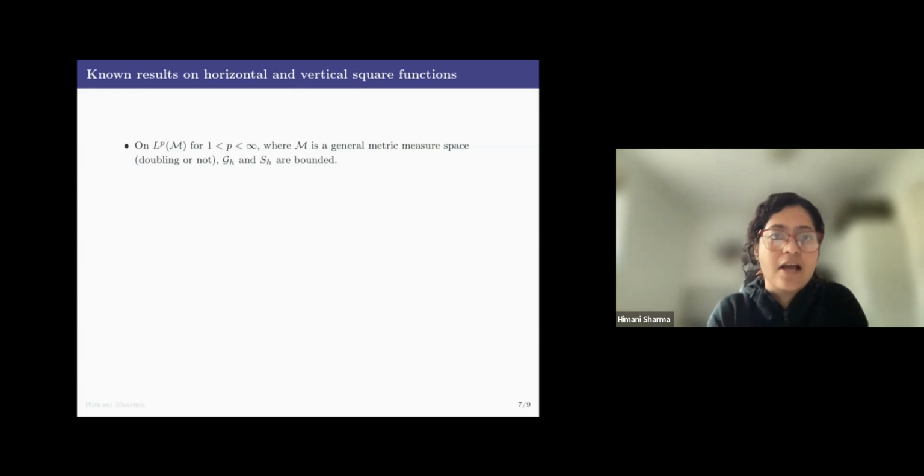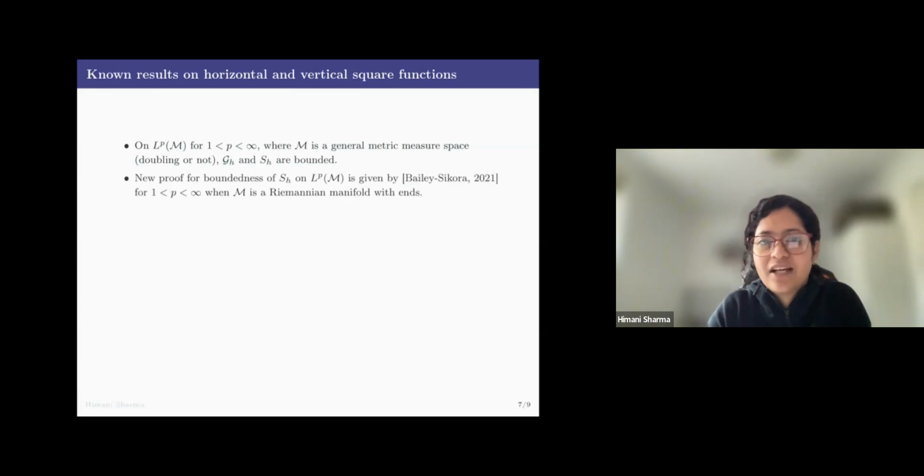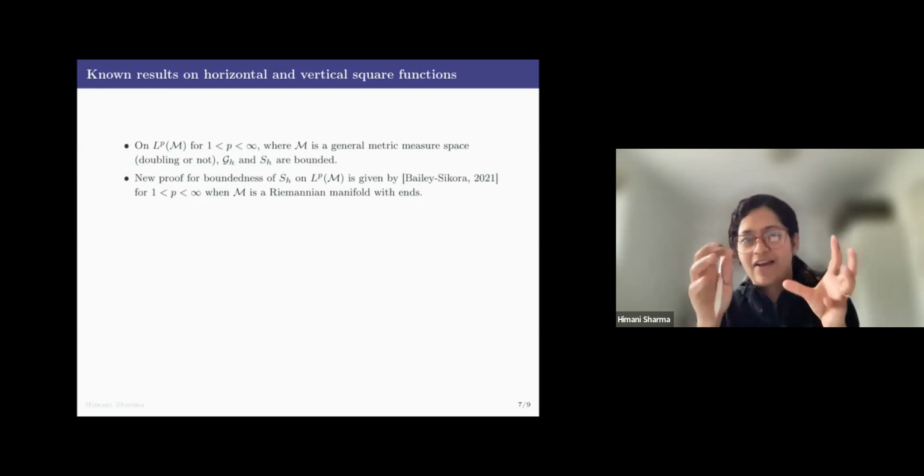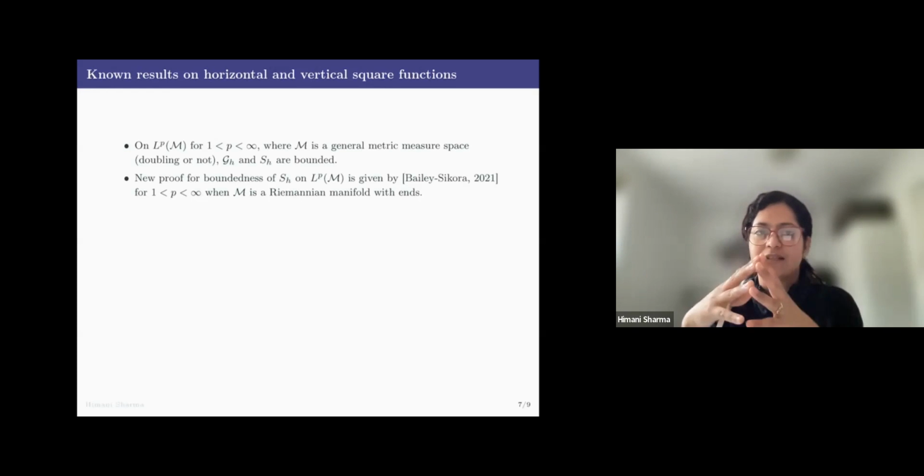Recently, a new proof was given by Bailey and Sikora for the resolvent form of the horizontal square function, but they gave it for a particular class. So it's nothing new in the sense that it has already been proven, but they have given a different proof.